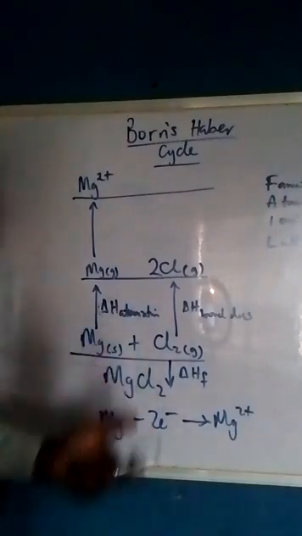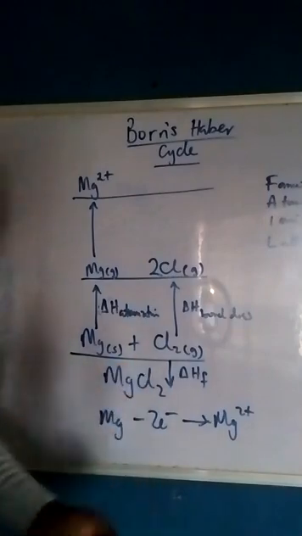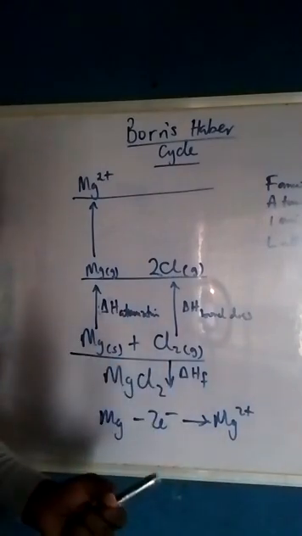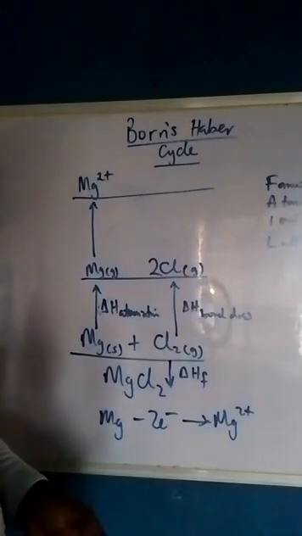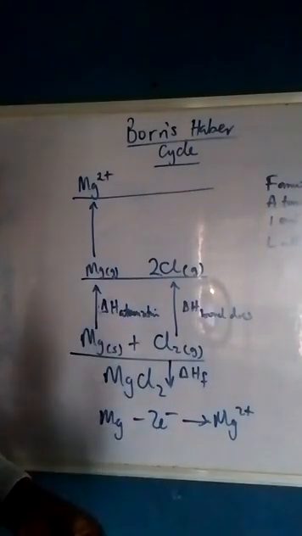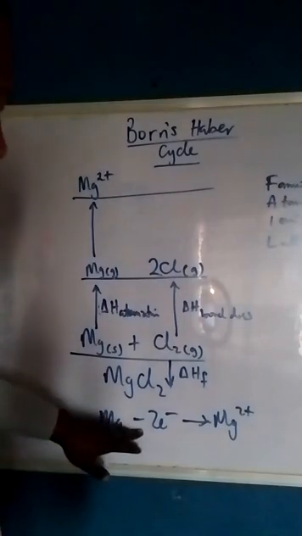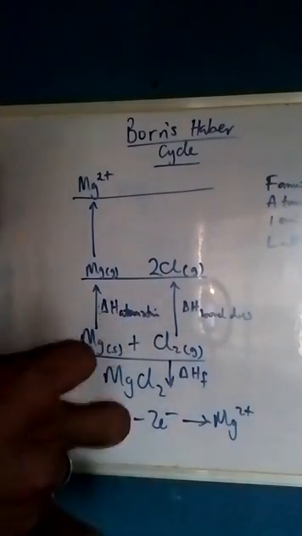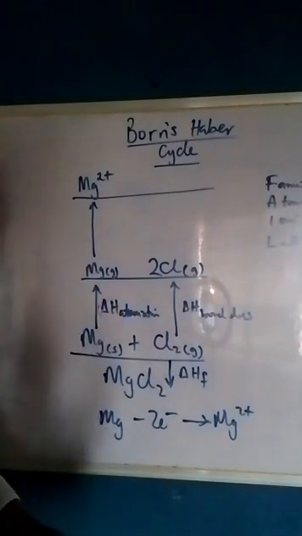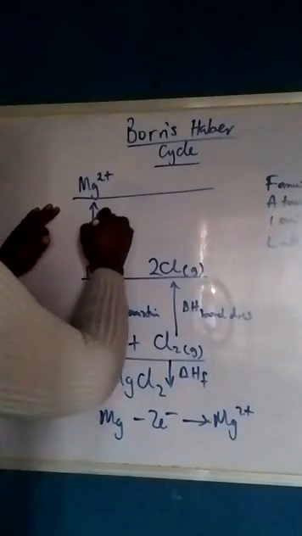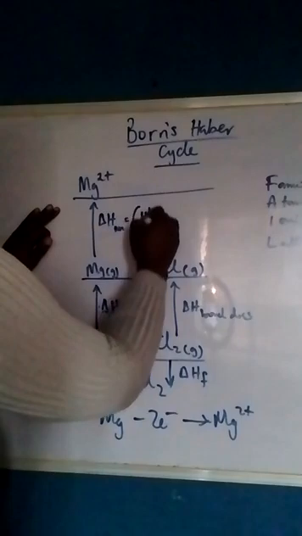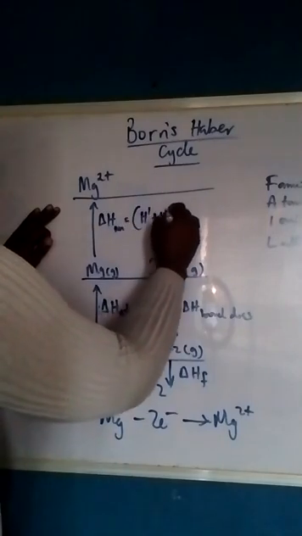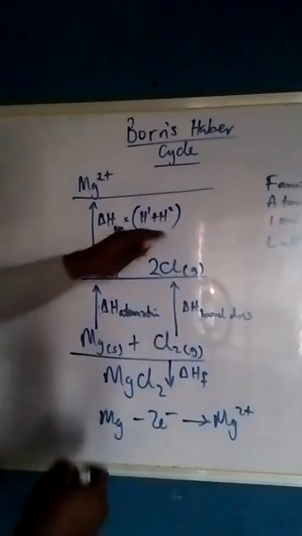Ionization energy is the energy required to remove the valence electron from a neutral atom in gaseous state to make it a positively charged ion. So here it's losing two electrons: the first requires the first ionization energy, and the second requires the second ionization energy. So my delta H ionization energy will be equal to the first plus the second.